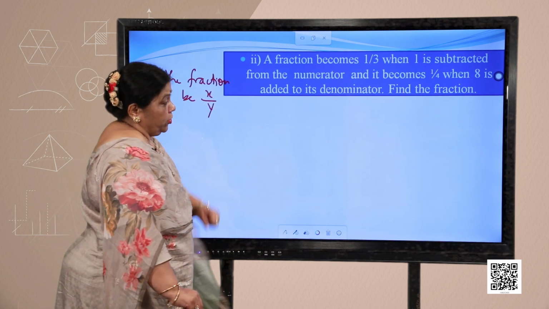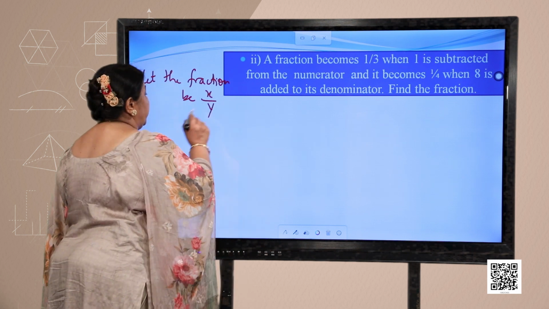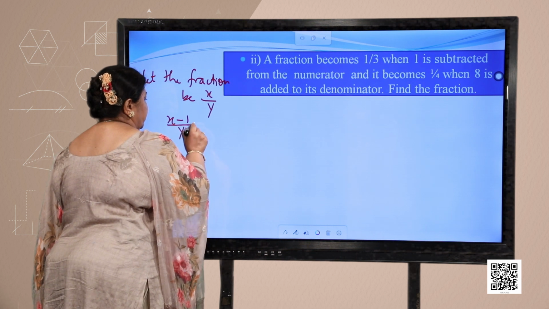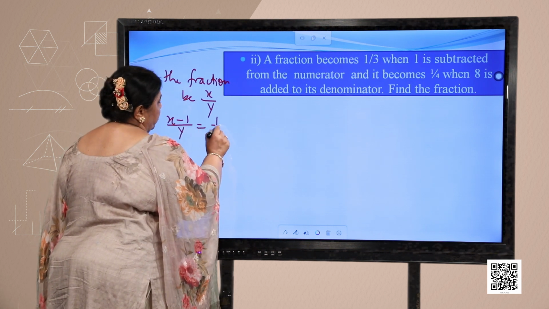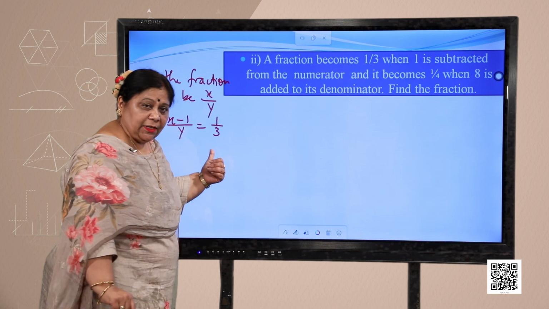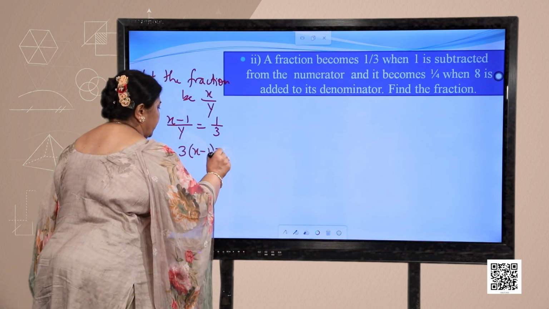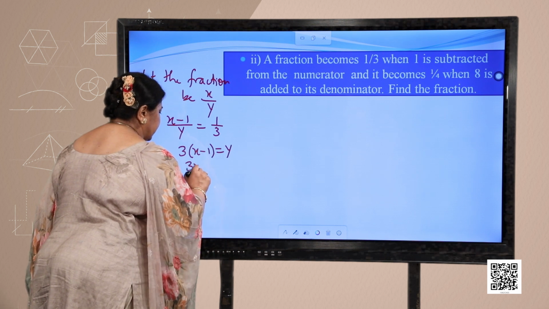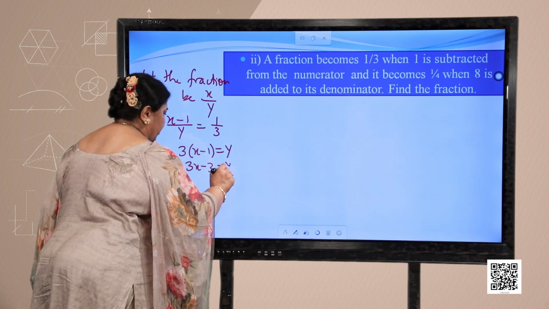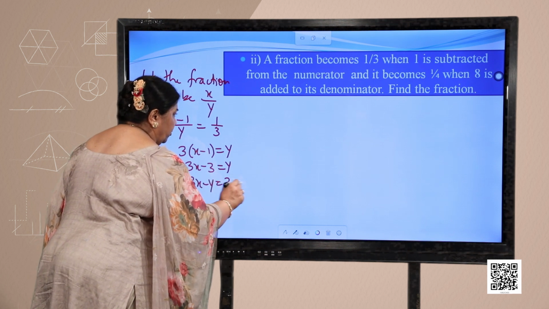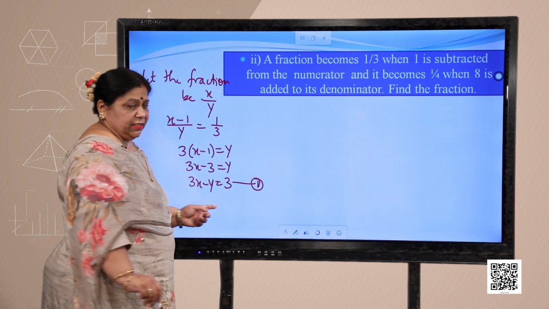It becomes 1 upon 3 when 1 is subtracted from numerator. Simple. Now, let us cross multiply. 3 into x minus 1 is equal to y. 3x minus 3 is equal to y gives me 3x minus y is equal to 3. This is our first equation.